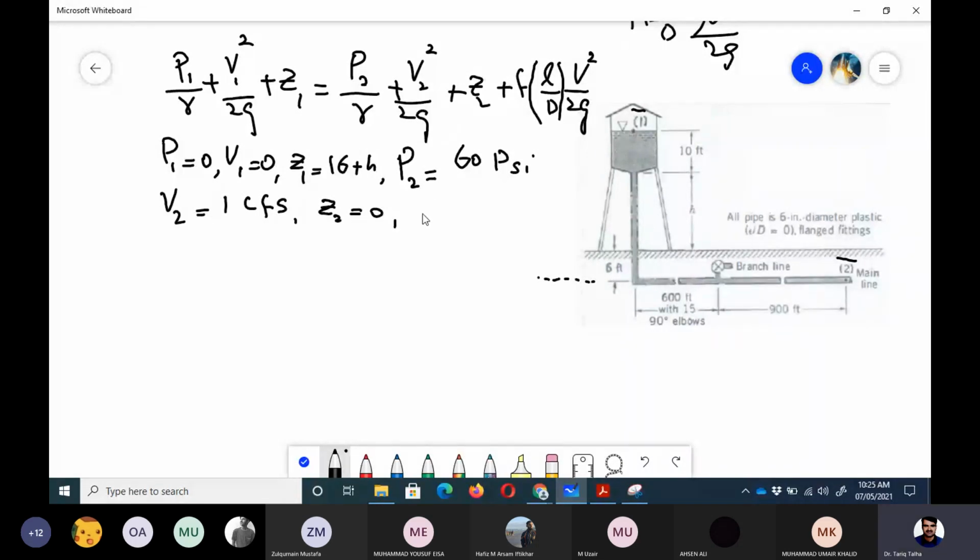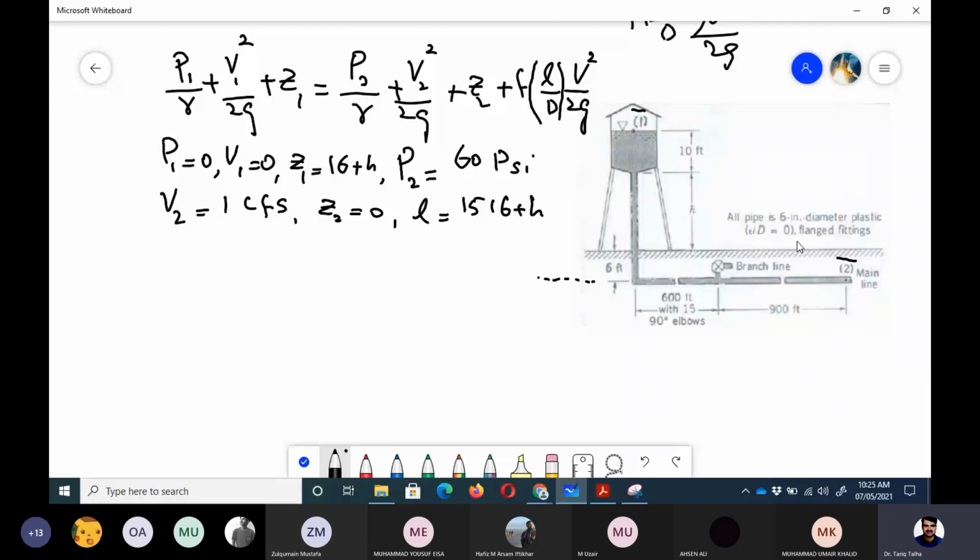So the total length of the pipe would be equal to 1516 plus H. The diameter of the pipe is given as a 6-inch diameter plastic pipe. Epsilon upon D is equal to 0, and it is flange fitting, right? So we are talking about flange fitting here.